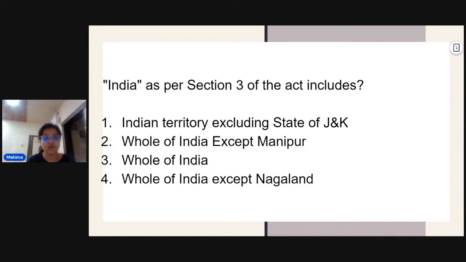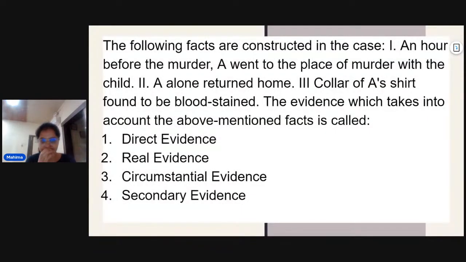India, as per Section 3 of the Act, includes whole of the territory excluding Jammu and Kashmir, whole of India except Manipur, whole of India except Nagaland. Yes, it is 2000, 17th October 2000. Yes, it is whole of India after the 2019 Jammu and Kashmir Reorganisation Act.